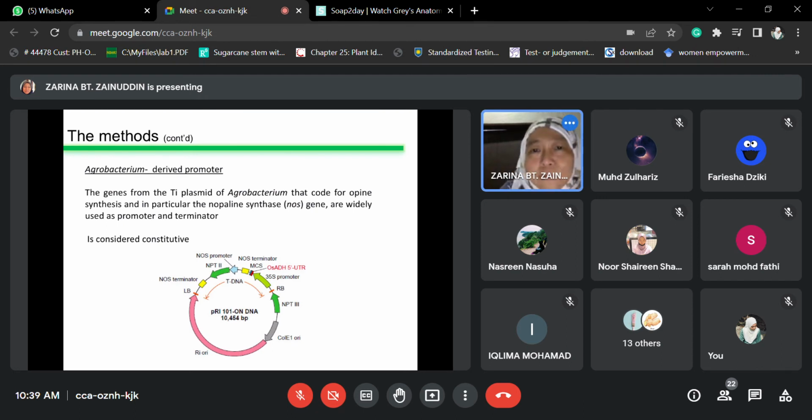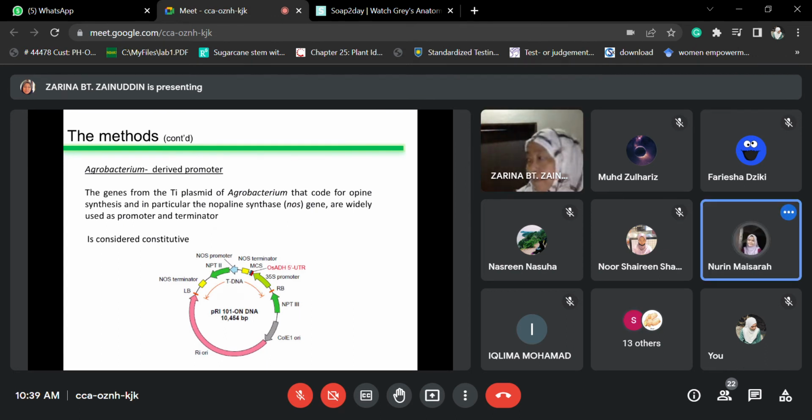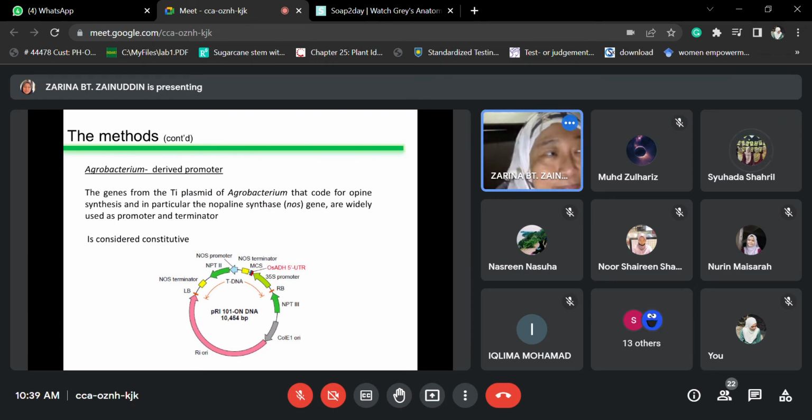When we talk what is a promoter in terms of DNA, what is a promoter? Siapa boleh jawab? Ya, untuk introduce gene. It's a basic you belajar ni, form 5 semua ni. Untuk bind DNA.